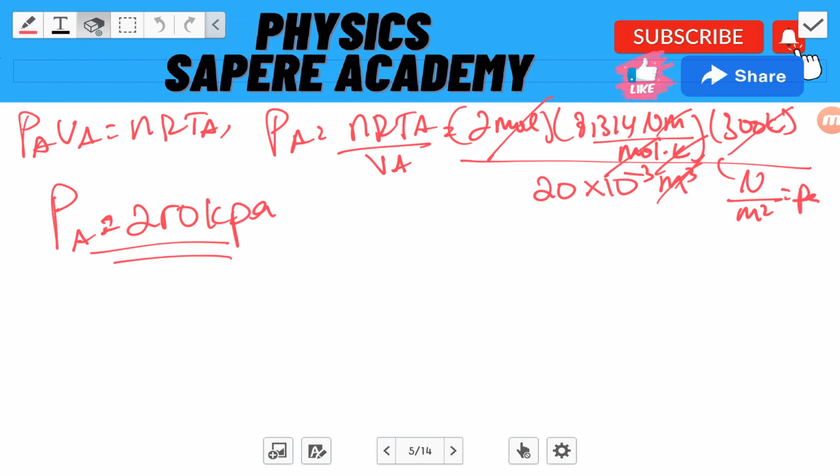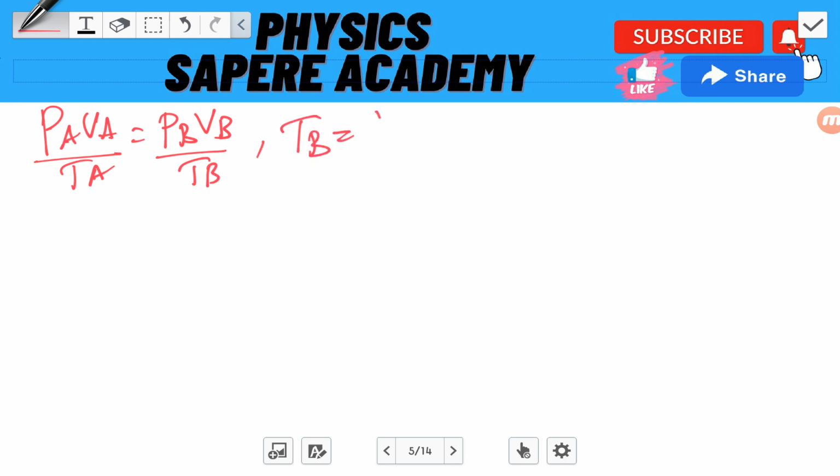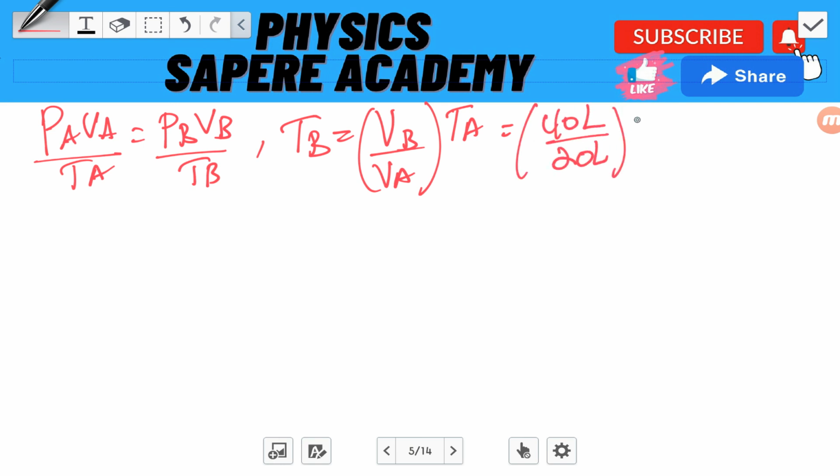We can use the combined gas law: PA VA over TA equals PB VB over TB. From here, TB is going to equal VB over VA multiplied by TA. VB is twice, that's 40 liters, over 20 liters, multiplied by 300 Kelvin. So this gives me 600 Kelvin.